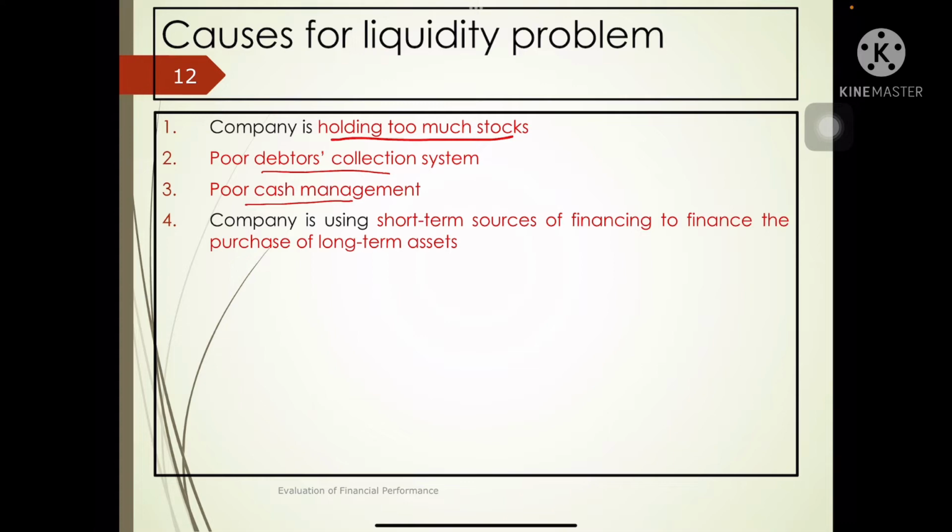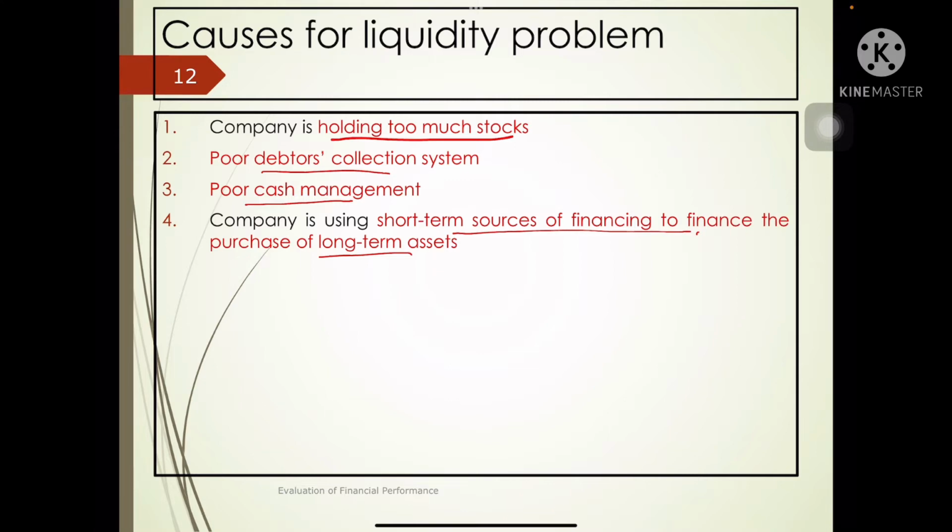And number 4, the company is using short-term sources of financing to finance the purchase of long-term assets. For example, they use a short-term loan, which means they borrow a loan for less than a year in order to pay for their long-term asset.